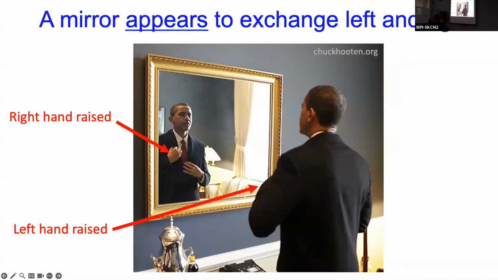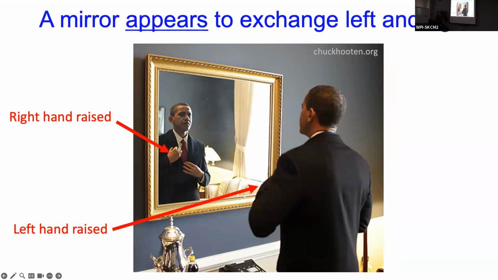So even when President Obama looks at himself in the mirror, something quite magical happens. Because it appears to exchange his left and his right. So you can see that President Obama is fixing his tie and his left hand is raised above his right hand. But in his mirror image, his right hand is raised above his left hand.